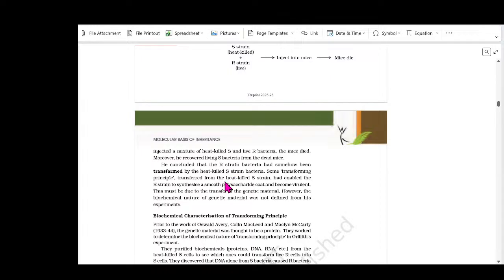Some transforming principle transferred from the heat-killed S strain had enabled the R strain to synthesize a smooth polysaccharide coat and become virulent. This must be due to the transfer of the genetic material. However, the biochemical nature of the genetic material was not defined from his experiments.